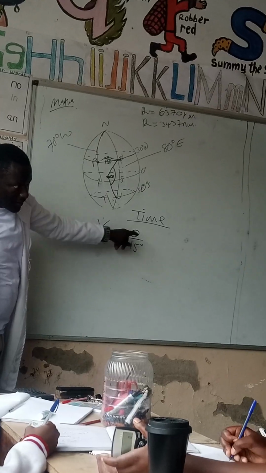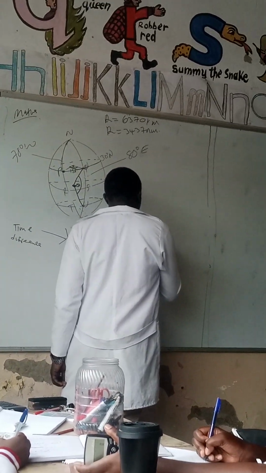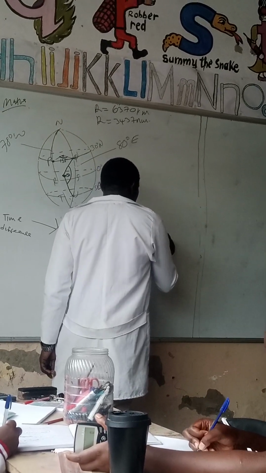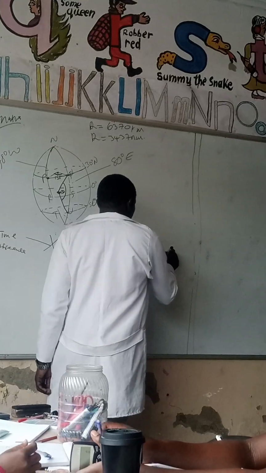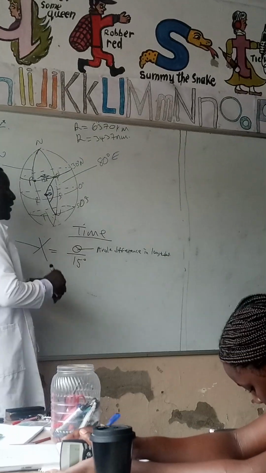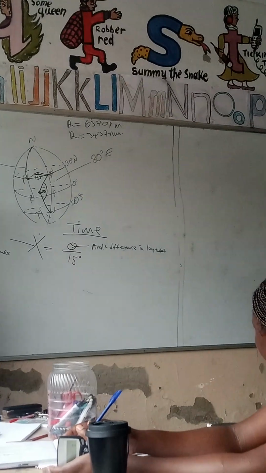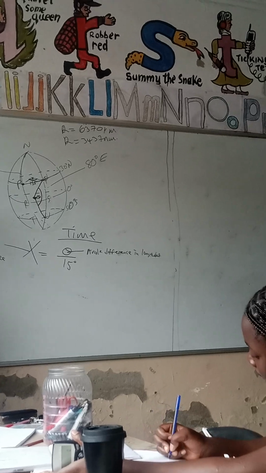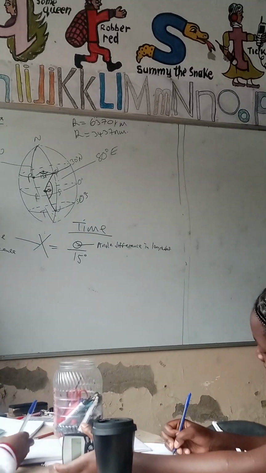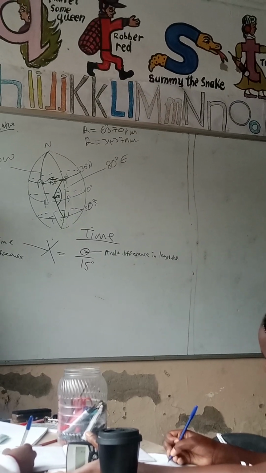Theta represents the angle difference in longitude. In short, you get the longitude angles, the angle difference in longitude, the angle difference in latitude, and so forth.